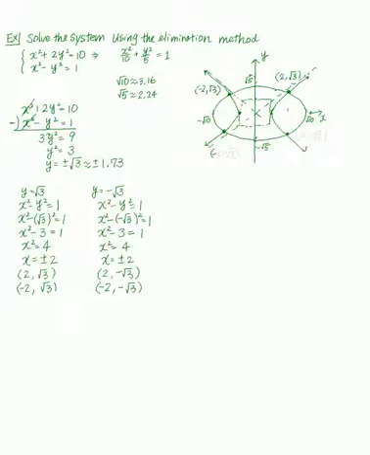On the graph, you can see that we have negative 2, negative root 3, as well as 2, negative root 3. And so we have all 4 of our points.